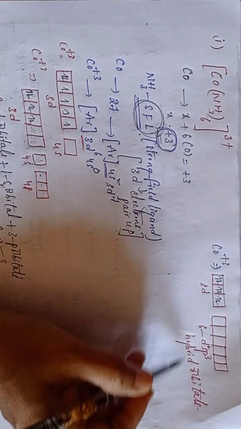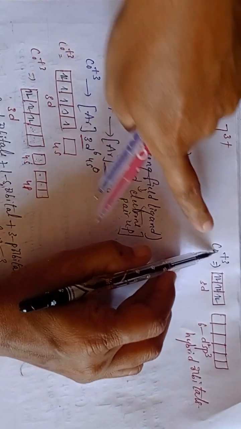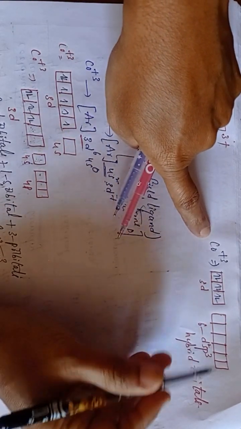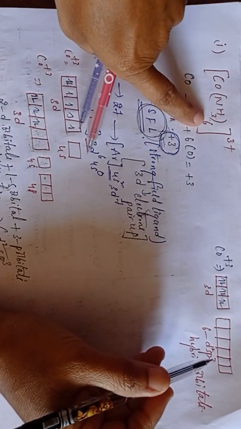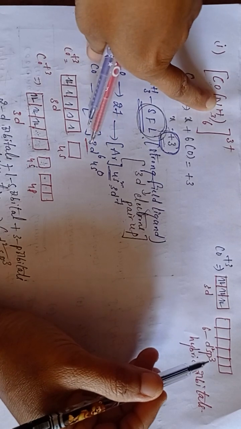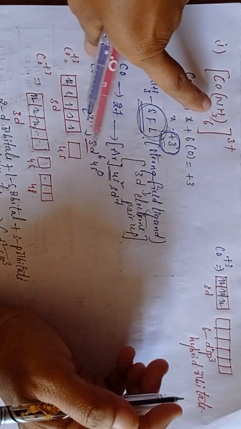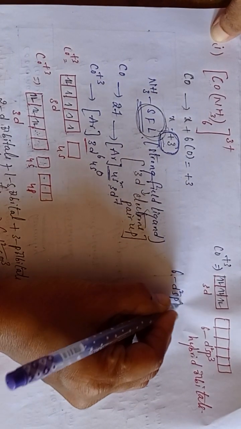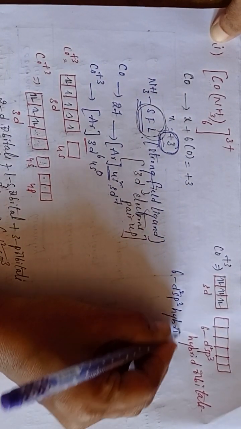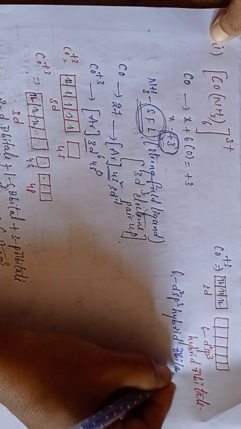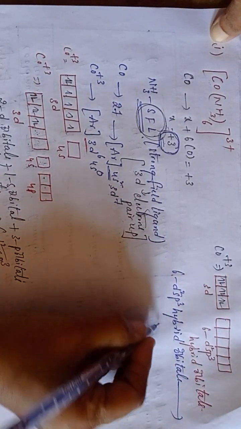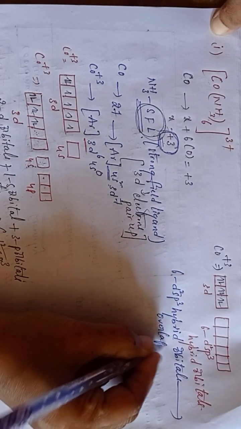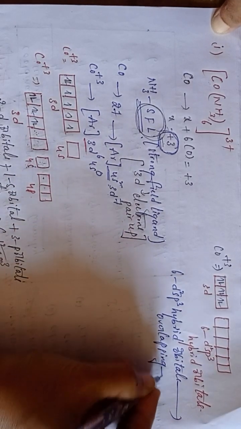Now these 6 d2sp3 hybrid orbitals of the central metal atom cobalt undergo overlapping with how many ligands, students? 6 ammonia ligands' filled orbitals. So these hybrid orbitals undergo overlapping with which ones, students?